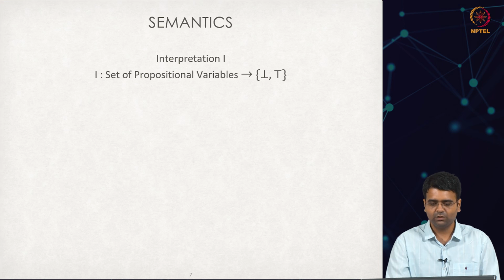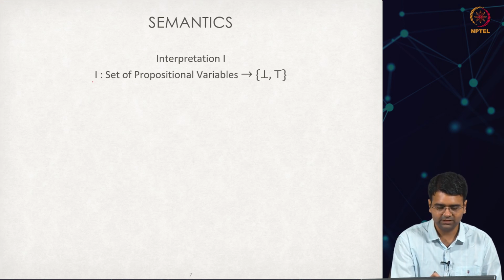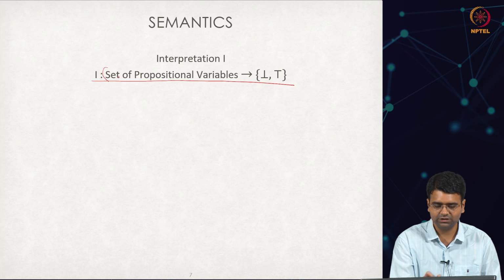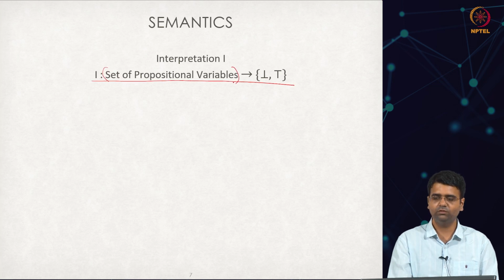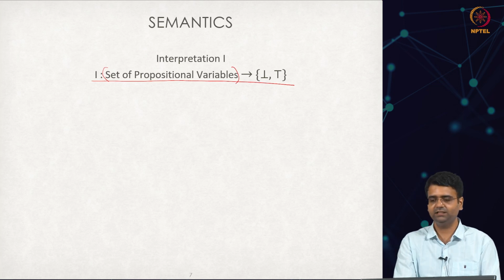An interpretation I is defined to be this function. This notation says that I is a function from the set of propositional variables to truth values, false or true. We take every propositional variable that's used in the formula and assign either true or false. So this is what an interpretation is.